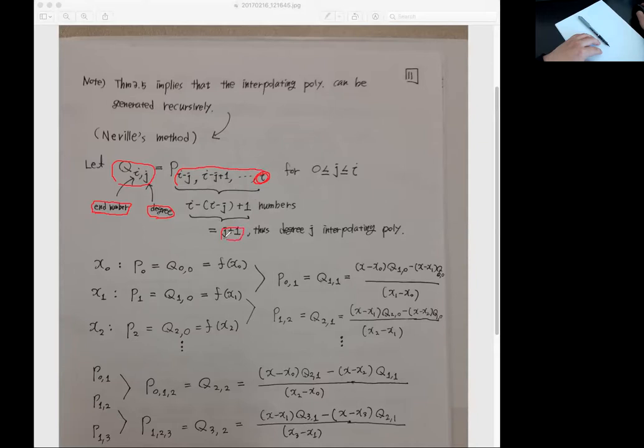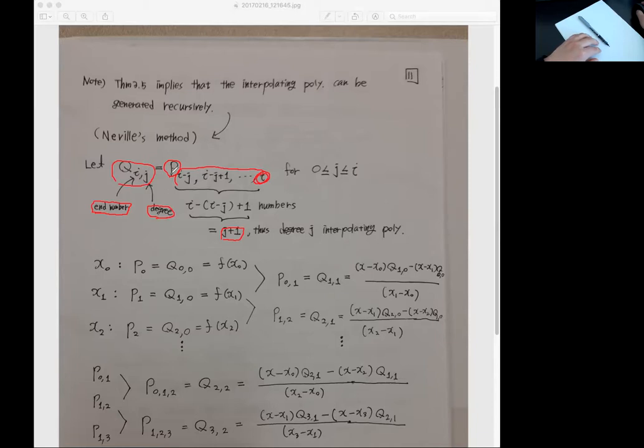So this P is a Lagrange interpolating polynomial interpolating f at x of i minus j, x of i minus j plus 1, through x i.